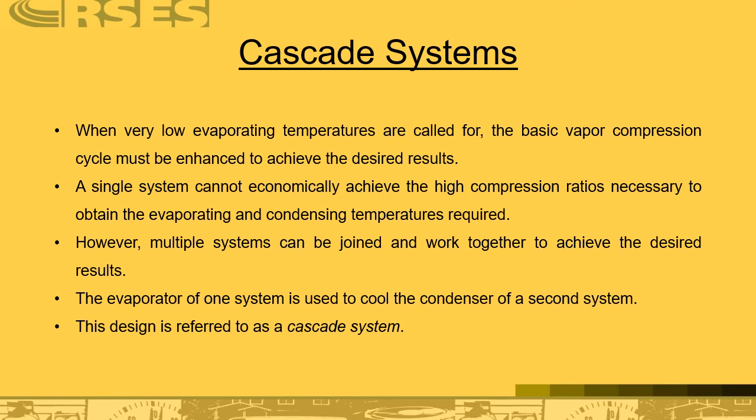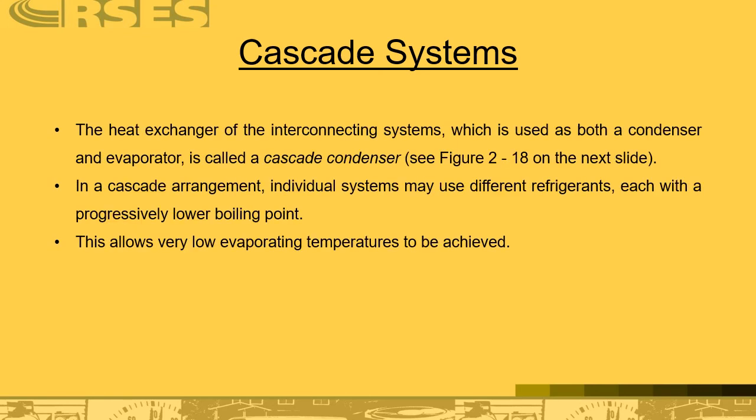The evaporator of one system is used to cool the condenser of the second system. This design is referred to as a cascade system. The heat exchanger on the interconnecting systems, which utilizes both the condenser and the evaporator, is called a cascade condenser. See figure 2-18 on the next slide.